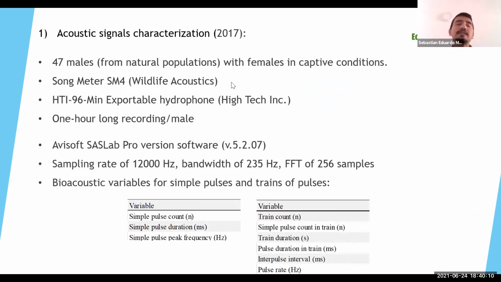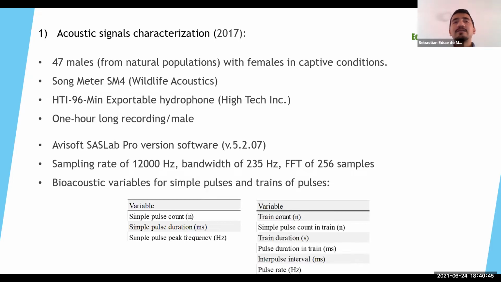In the acoustic characterization, we used a total of 47 males from natural populations, and they were combined with females. We used a mirror and hydrophones, and we recorded a total of 1 hour per male. This hour was determined by the projected time when the reproductive behavior occurs according to the fish farm we visited.